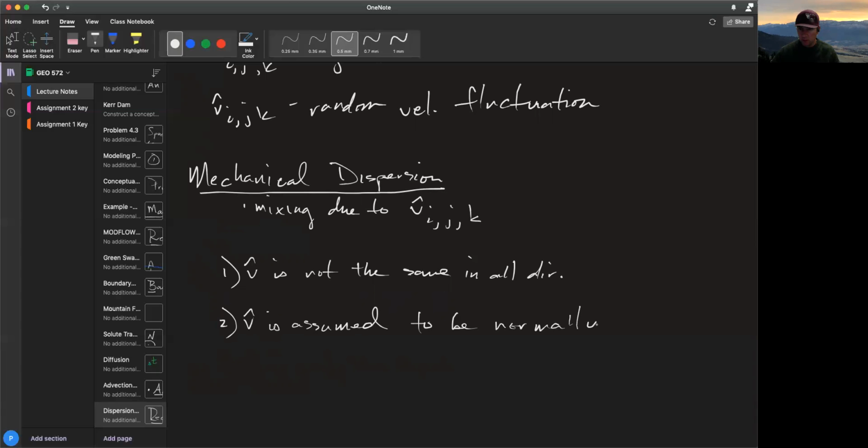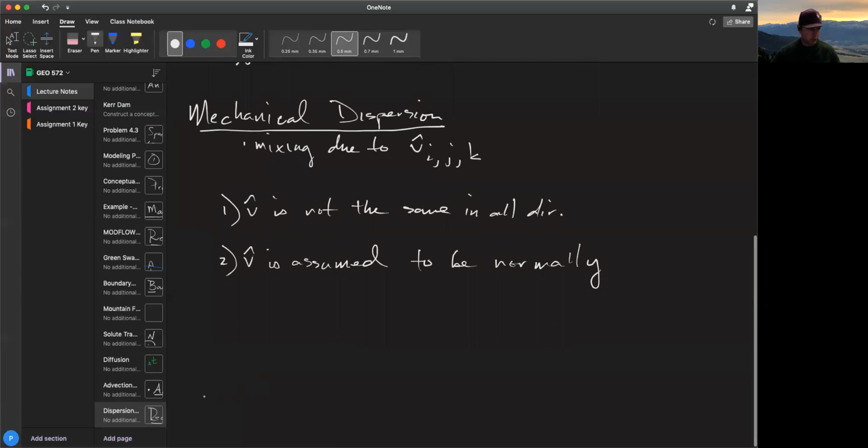And so what I mean by these two things is that we might have for each direction, so let's consider a velocity variance here. This is called a probability distribution function, a PDF, and it's the normal. So this is the probability of some velocity.